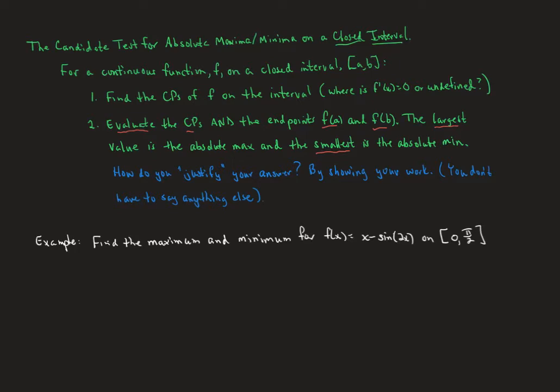Or you're going to have to argue using the second derivative test that the derivative at that point is 0 and the second derivative at that point is negative, therefore it's a relative maximum. But in the case of an absolute max or min, just your work serves as your justification, that you've found the critical points and you've evaluated the critical points and the endpoints in the function.